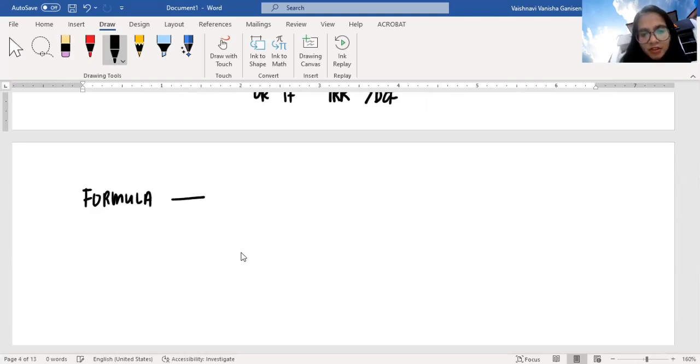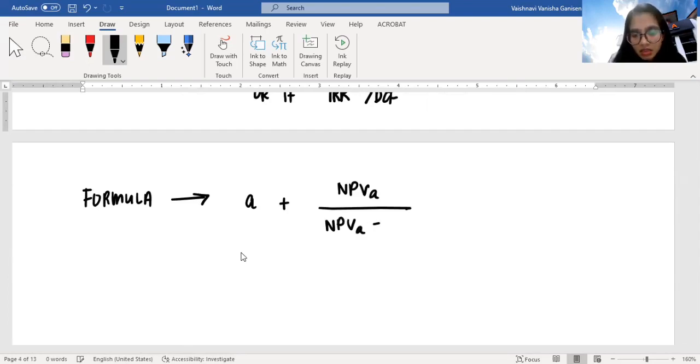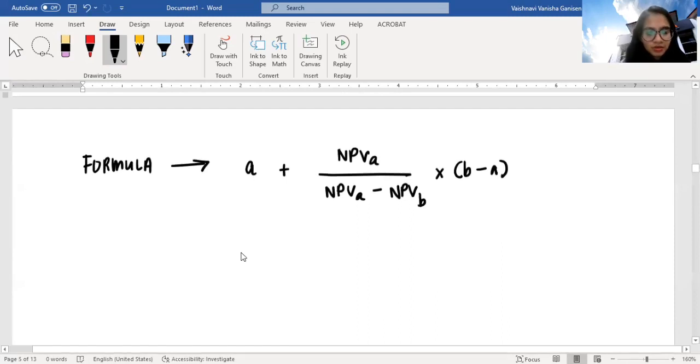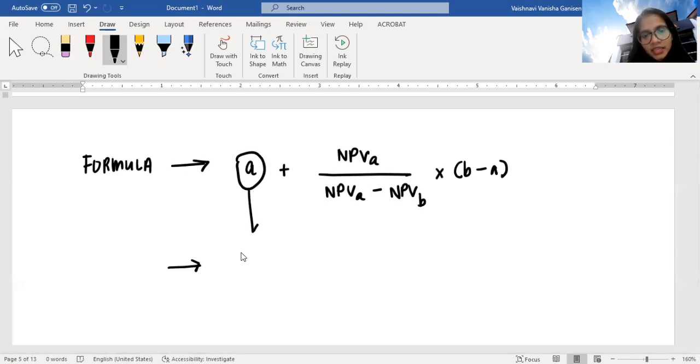Your formula for the IRR is A plus NPVA over NPVA minus NPVB, multiplied by B minus A. You must remember that A is the lower discount factor.